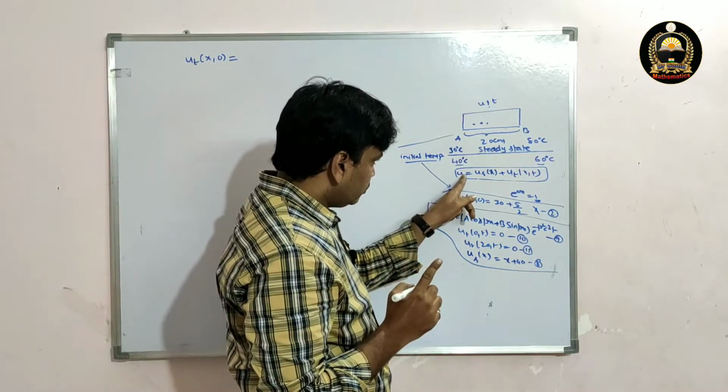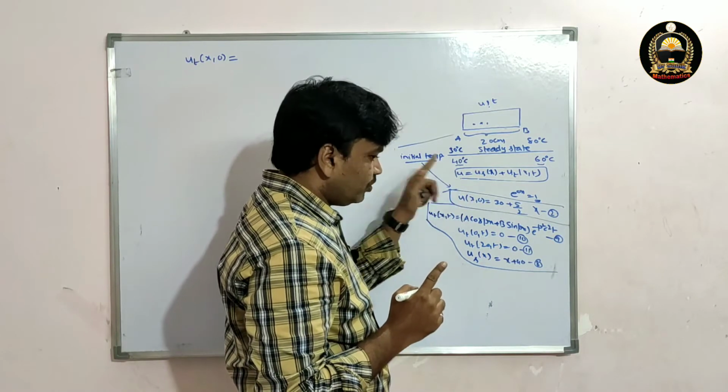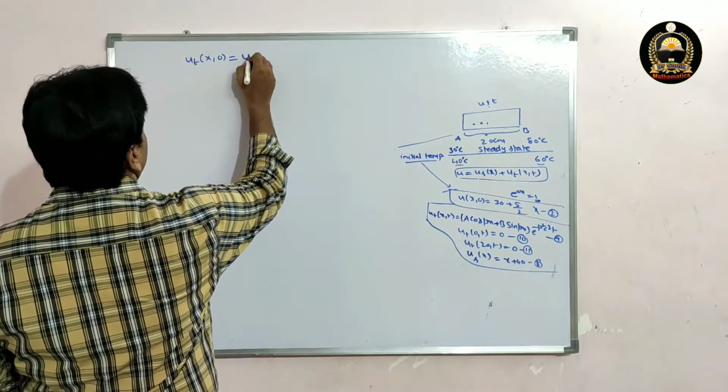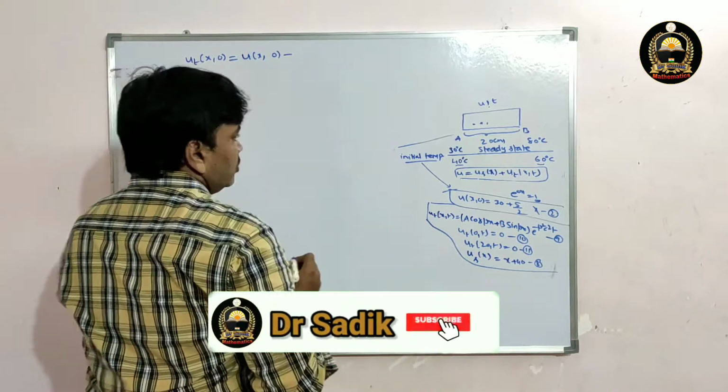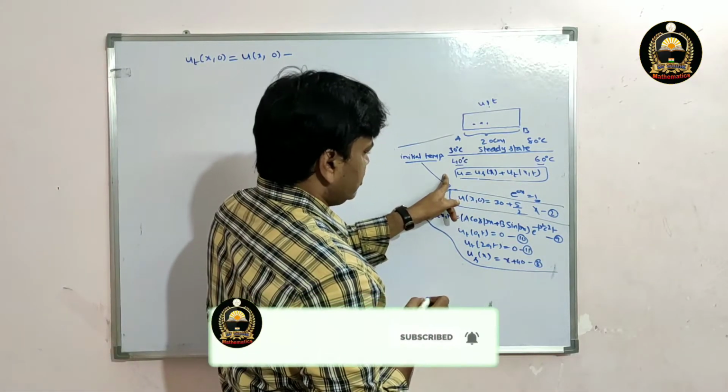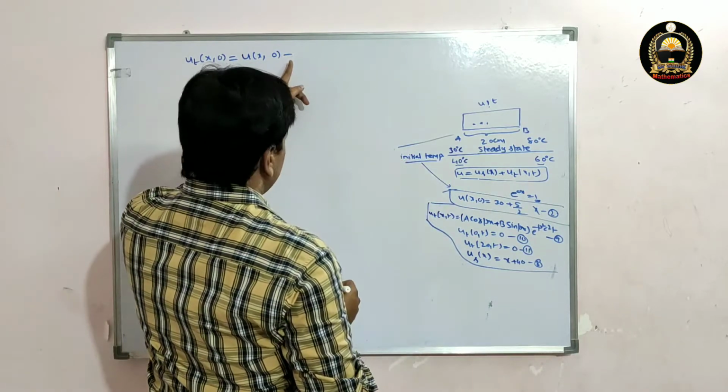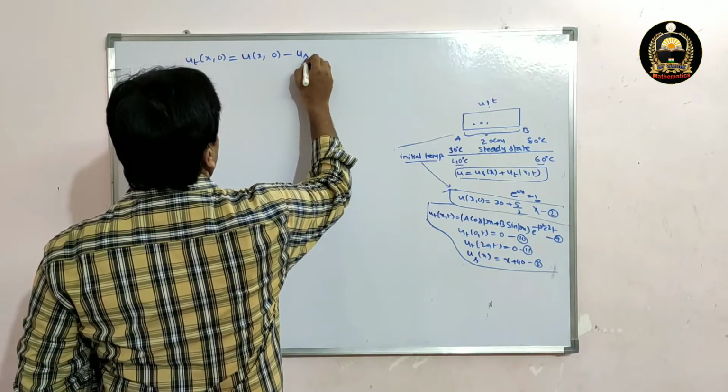Now that is equal to, see students, u of x comma t, t means here 0, minus, you transpose to the left hand side, that means we get here u of x comma 0 minus u_s of x.